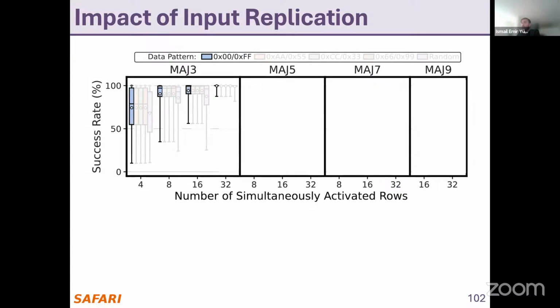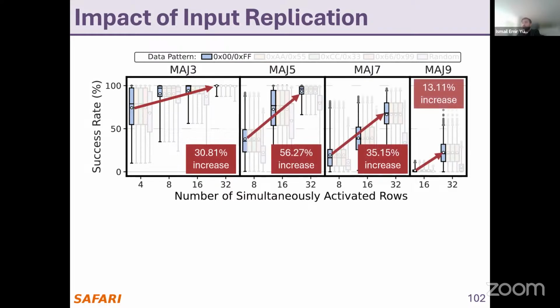And when we replicate the input, for now, let's take a look at the MAJX3. On average, there is a 31% increase, and this is consistent across MAJX5, MAJX7, and MAJX9. And even in the MAJX5 case, it's a 57% increase.